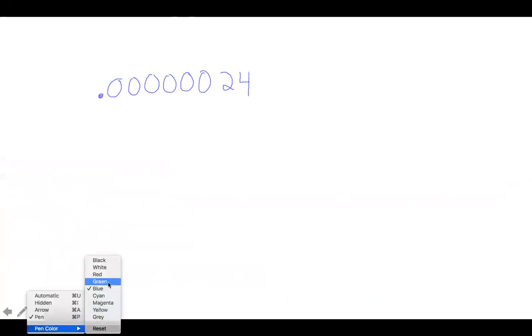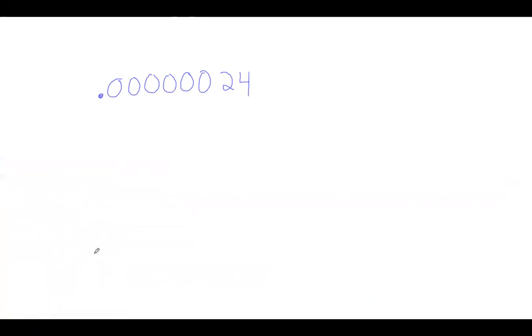There's going to be one minor difference in this, okay? We're still going to put the decimal after the first digit, but it's going to be after the first non-zero digit. So the decimal goes after the first non-zero digit. That, in this case, is going to be 2.